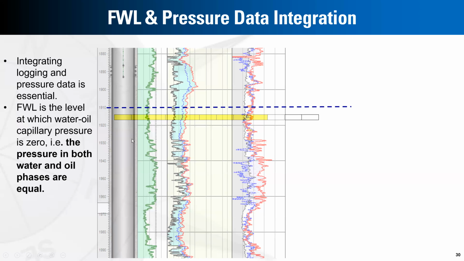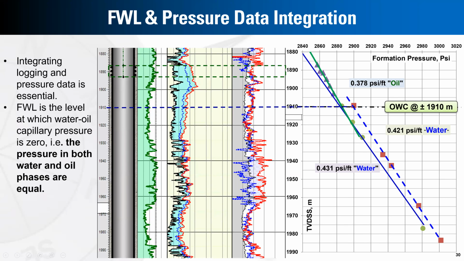The fluid contact is simply identified by integrating the petrophysical parameters and the pressure data, as you can see, to define the free water level or the oil water contact by considering the fluid gradient for the oil phase and water phase.